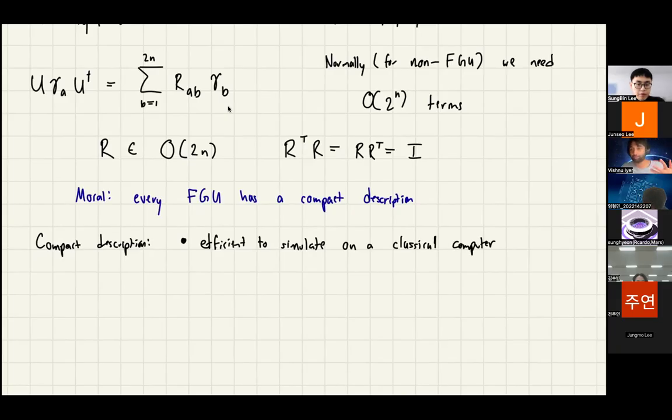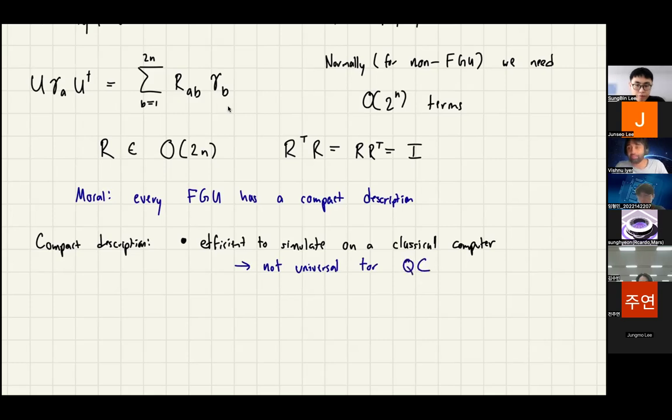So you can take your laptop, you can write a program that takes this fermionic Gaussian unitary, that takes this matrix R, and you can use it to simulate it, and you don't need a quantum computer. Okay? What does this mean? This means that this cannot be universal. This is not universal for quantum computing.